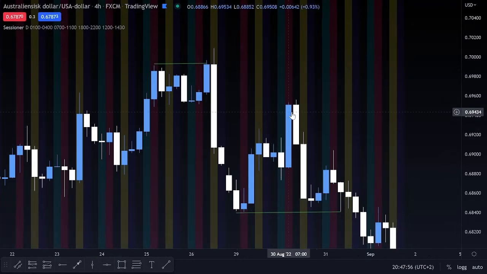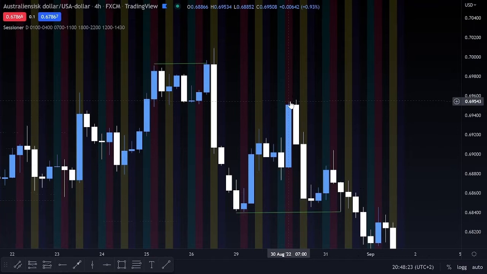So this price, or day, comes up to rebalance a higher time frame sell side imbalance. This high here is going to be a long-term high for me because it has basically rebalanced a high time frame imbalance, if you get what I mean.